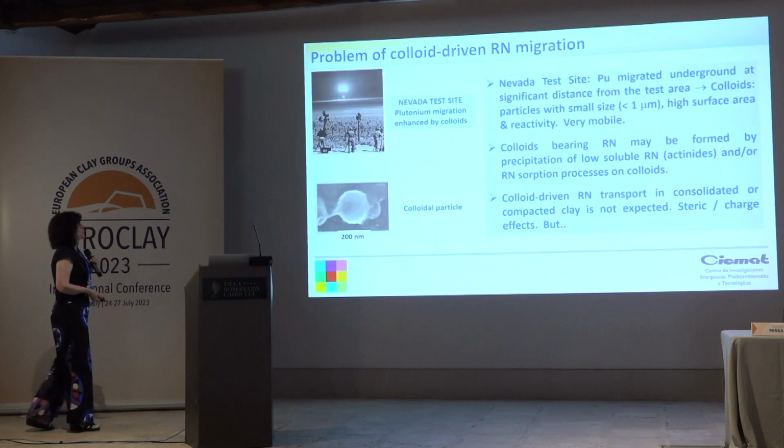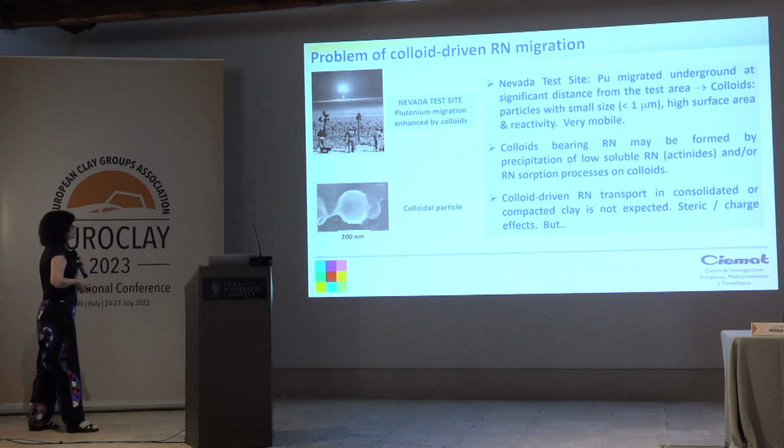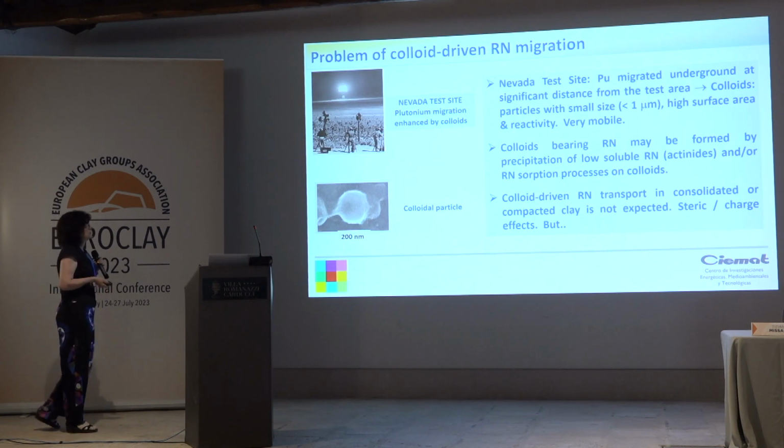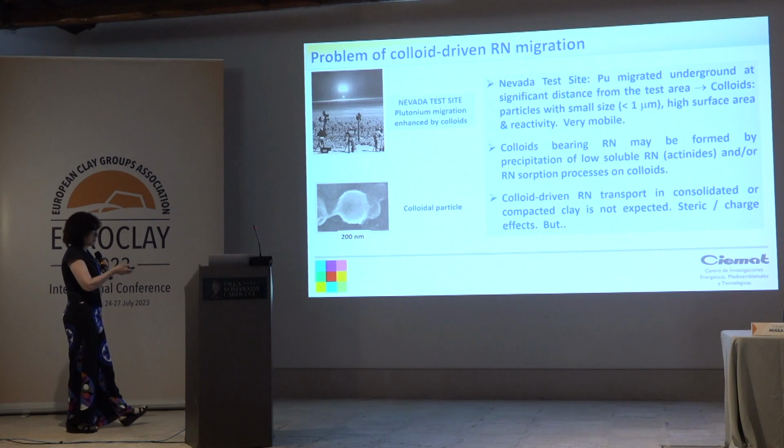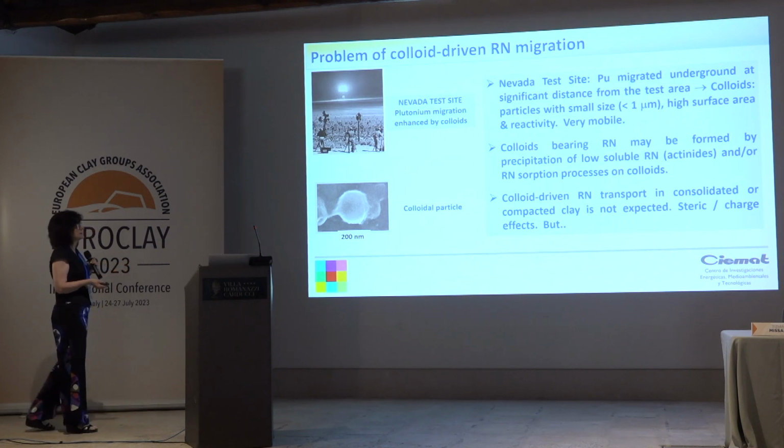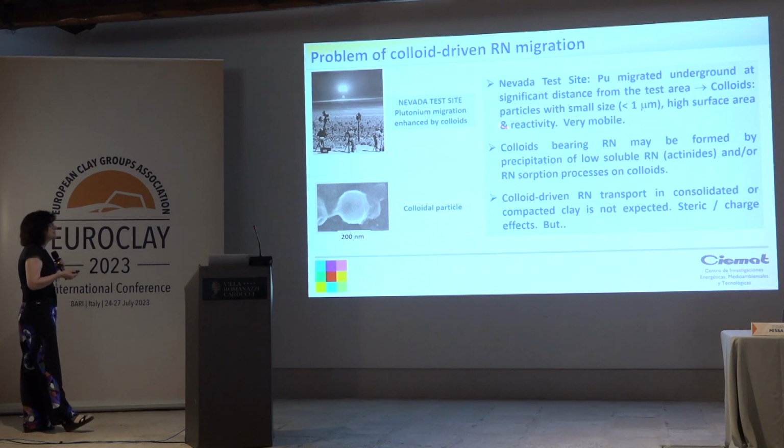And then the problem of colloid-driven radionuclide migration. This is not new. It was discovered, at least for radionuclides, when they observed at the Nevada test site that plutonium could migrate significant distances from the test area.